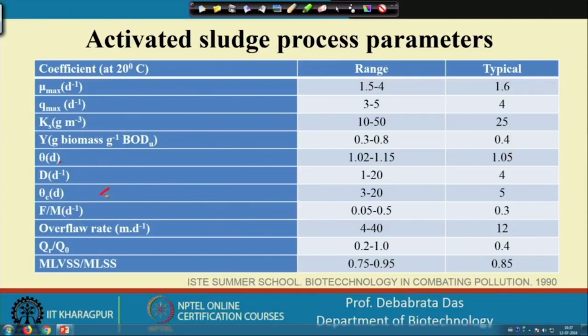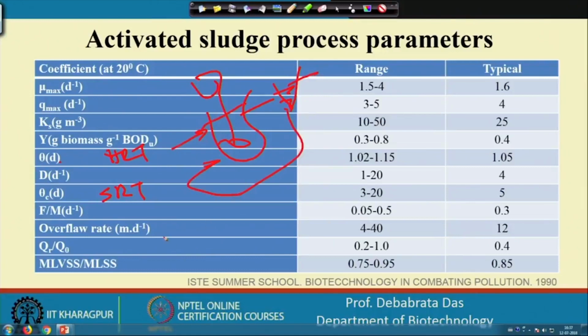Now, here I want to point out, this is SRT and this is HRT. The main purpose is this: suppose it is a CSTR and here you have some kind of separator, and you recycle back to the system.